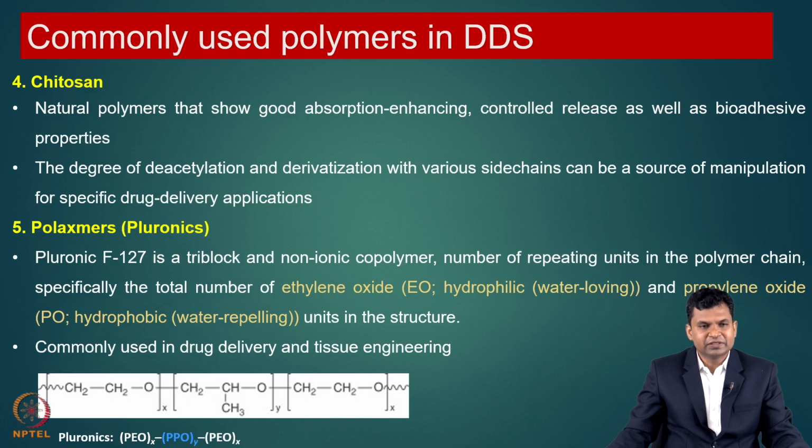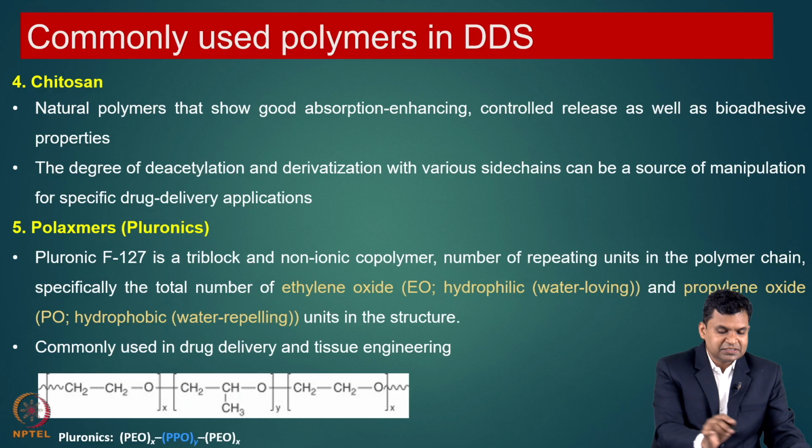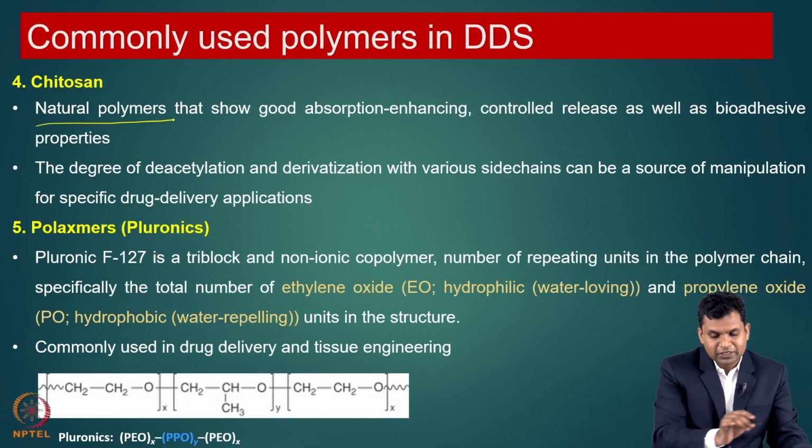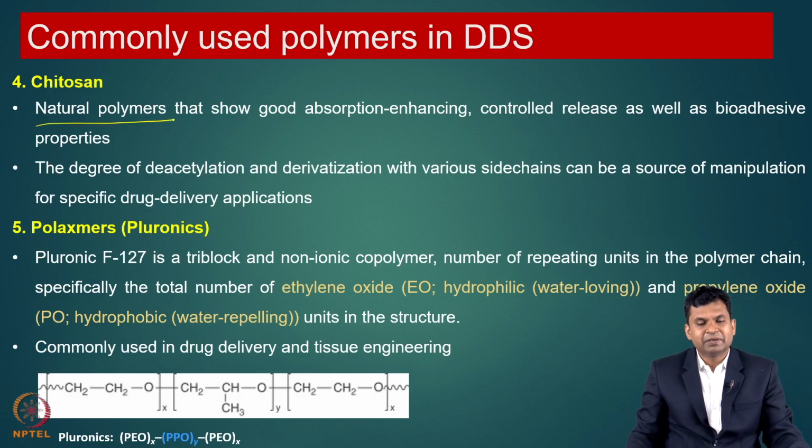Now the fourth one is chitosan. As we know, this is a natural polymer, biodegradable and biocompatible, which shows various types of actions.